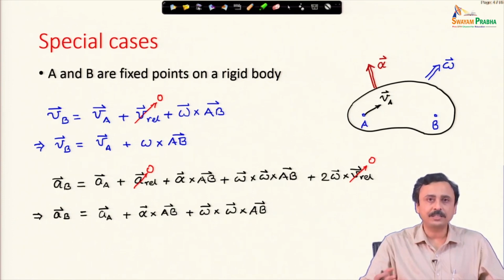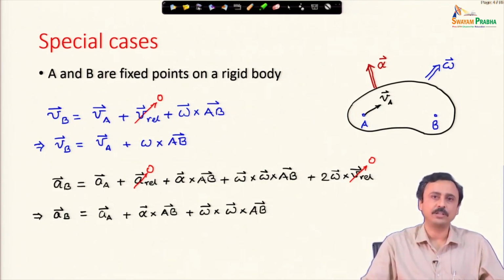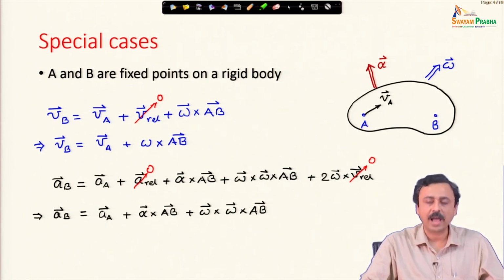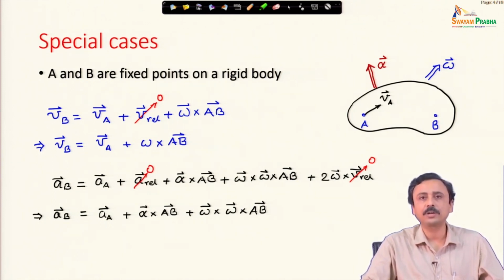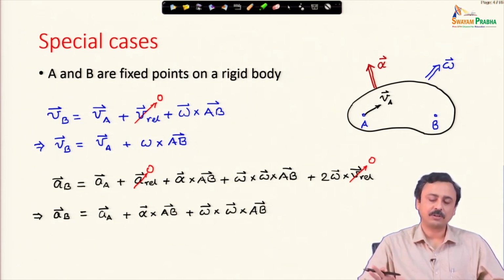But the other vectors, because of the rotation of the earth, you have a change in the direction of the vector that joins you and that person. So, alpha cross AB, omega cross omega cross AB, and 2 omega cross V rel, again V rel is 0. So, that term also drops out. Therefore, for 2 points on the rigid body, the acceleration relation also simplifies.